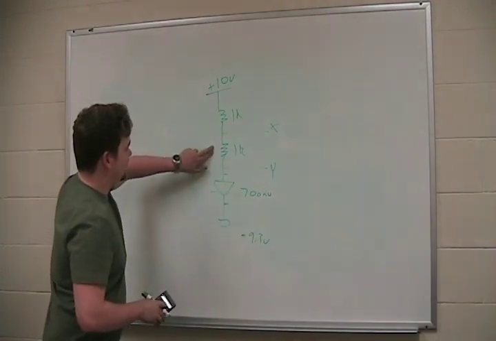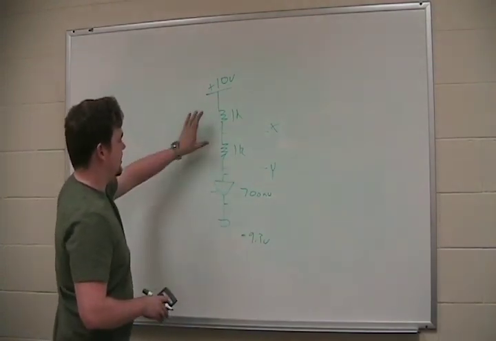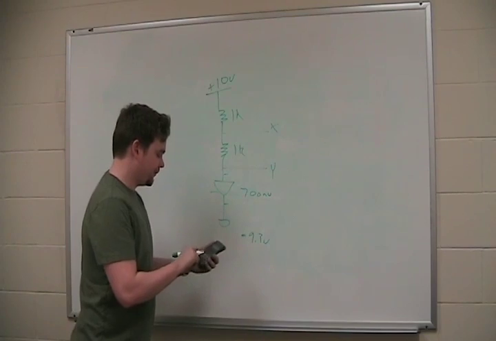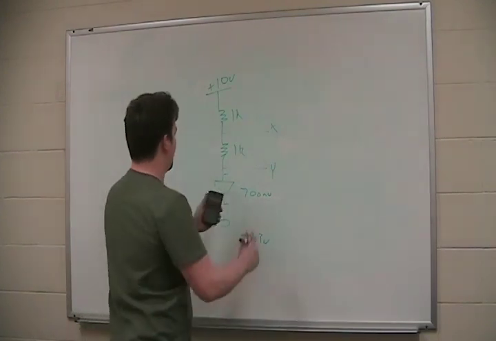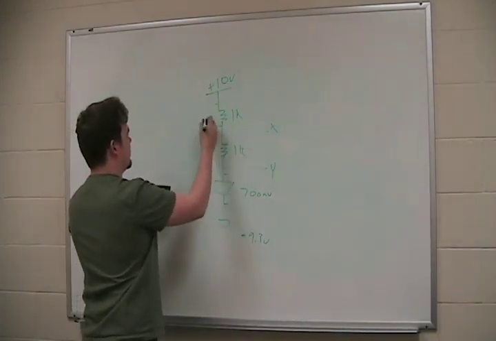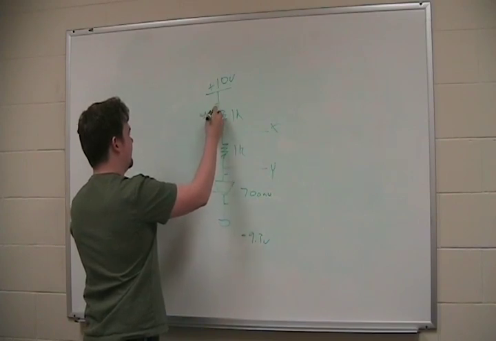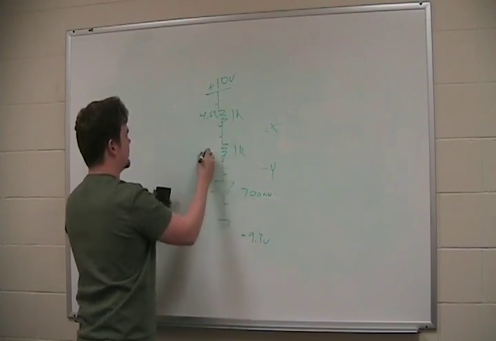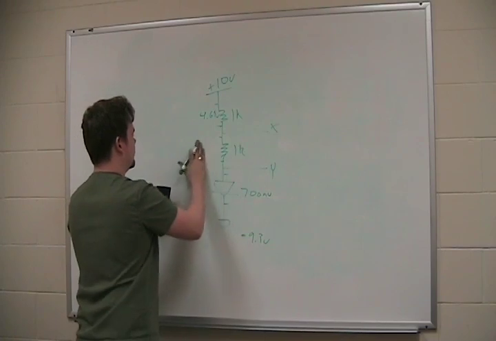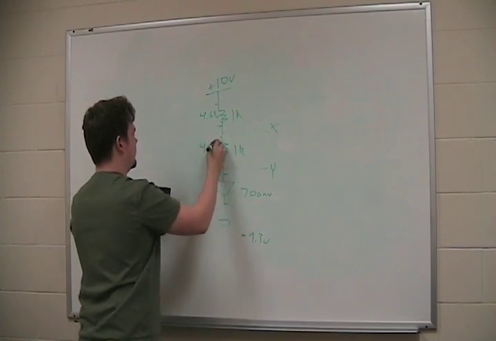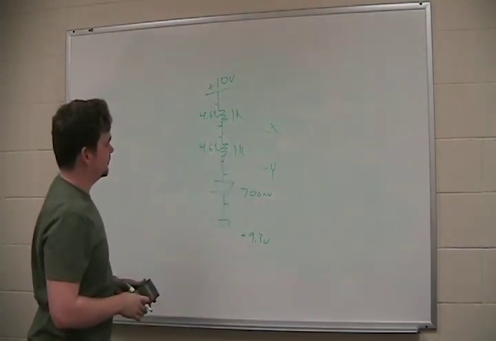R1 and R2 both are 1K. So we basically divide that by 2. So we know that 4.65 is dropped across here, and 4.65 is dropped along there.